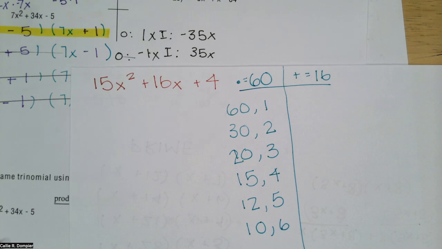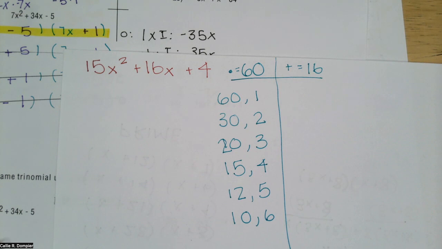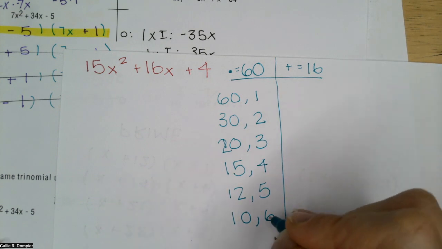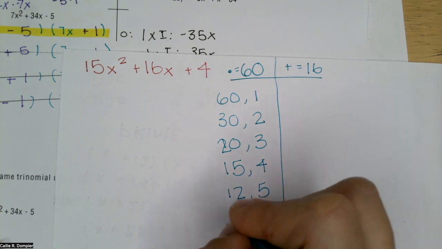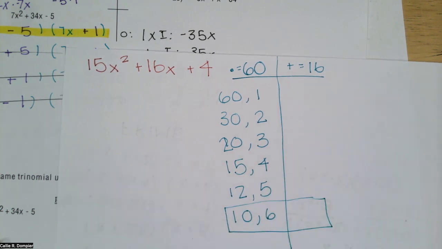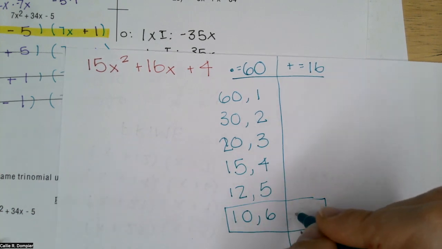All right, those multiply to equal 60. They should also add to equal 16. 10 and 6 add to equal 16.